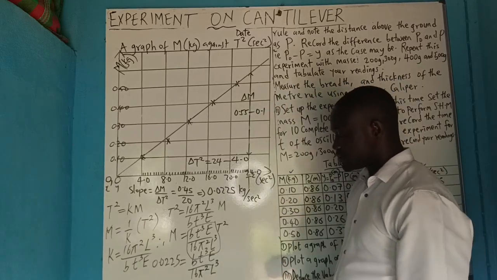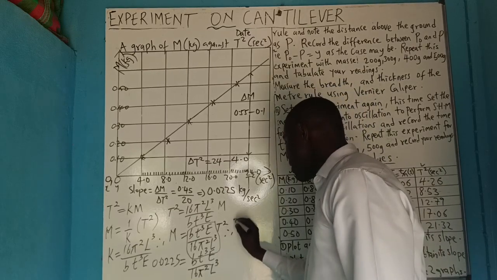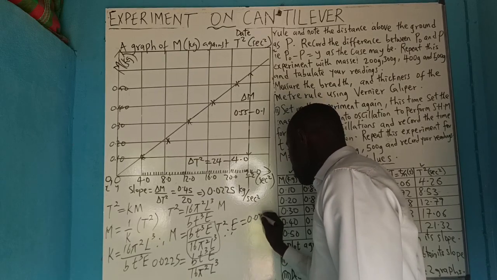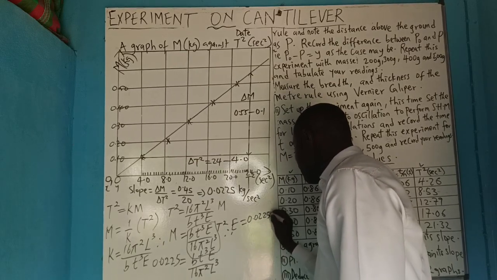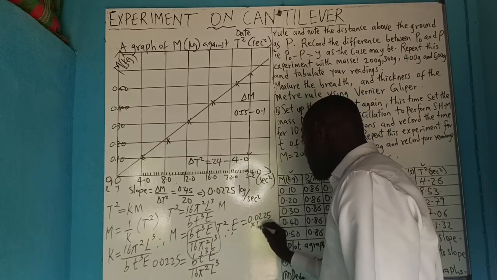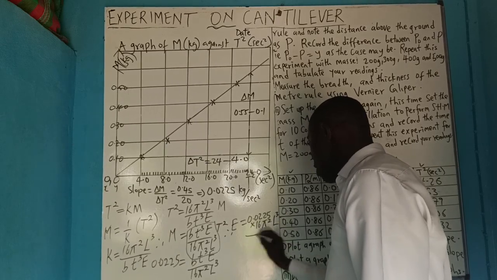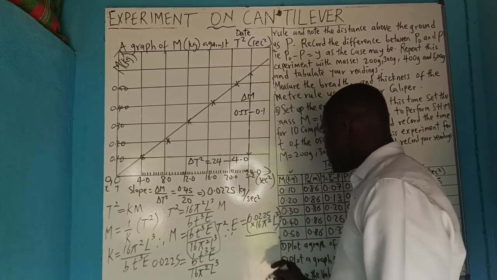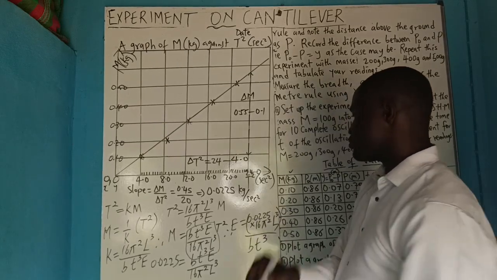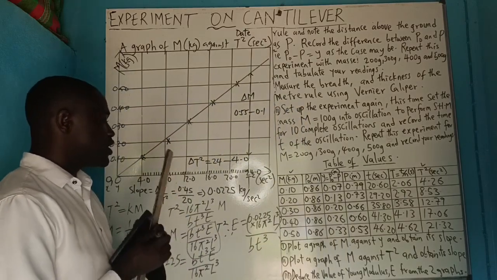Are you getting it? Making E subject of formula, therefore E is equal to 0.0225 times 16 pi square L cube all over bt cube. Okay, so let's get what our E will give us.